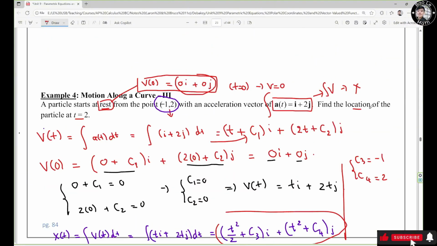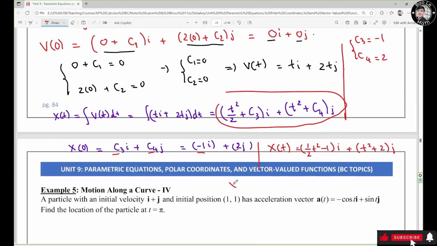Now, you need to answer the question: find the location of the particle at t equals 2. So S of 2 equals, substitute 2 for t, so 2 squared equals 4, divided by 2, it could be 2, minus 1 is going to be 1, so it should be i, right?